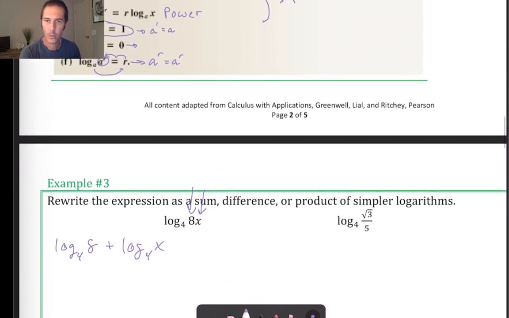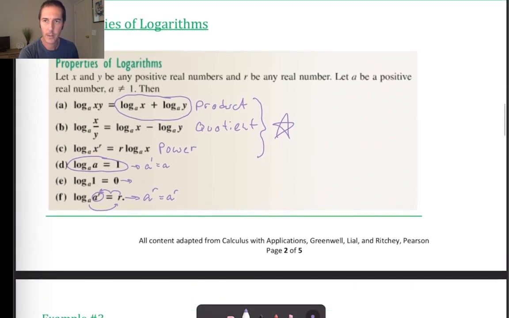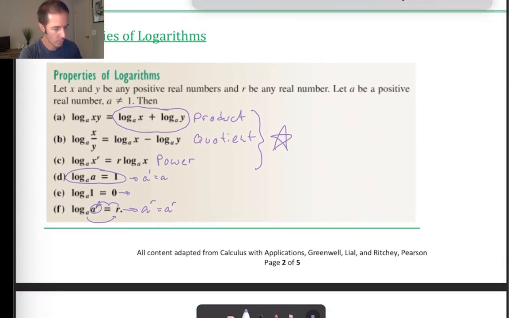Now the quotient rule, which is going to be applied in our next problem, I can tell it's a quotient rule because here we have division. The result of division is called a quotient. And the top part of this fraction, the numerator, is going to get its own logarithm. And the denominator also gets its own logarithm, except the two are separated by a minus sign.